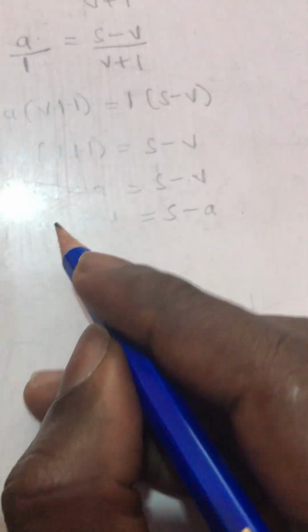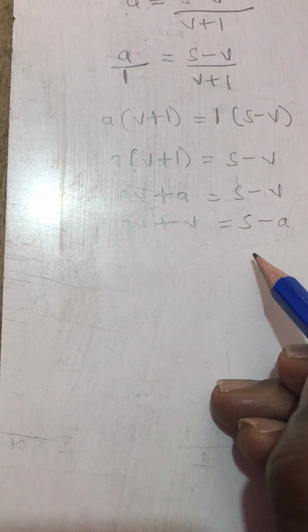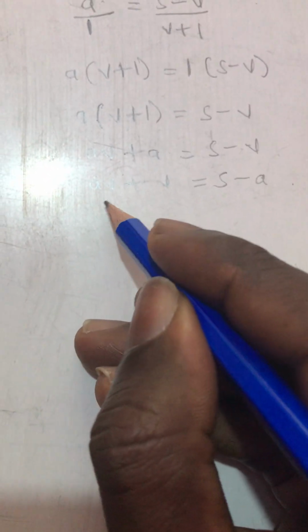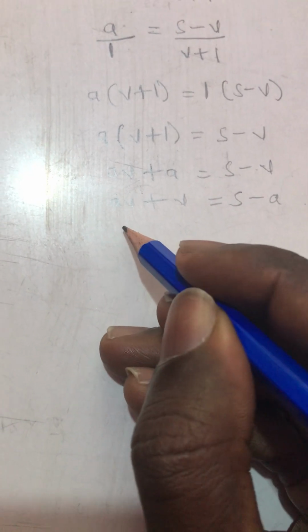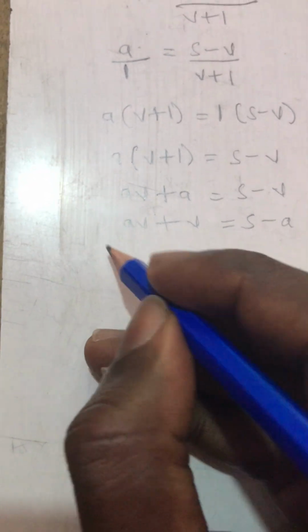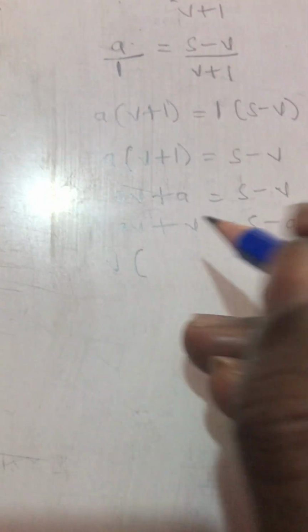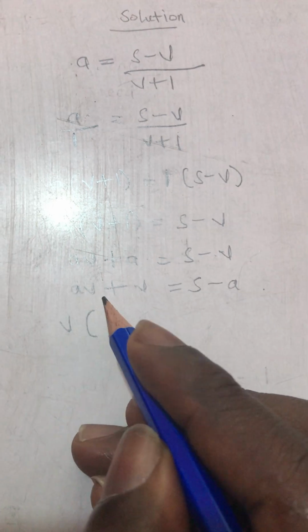Now from our equation here, which is av plus v equals s minus a, particularly from av plus v, you can detect that v is the common factor here. So you factor it out, so you bring v out. V would go into which figure for us to get av?